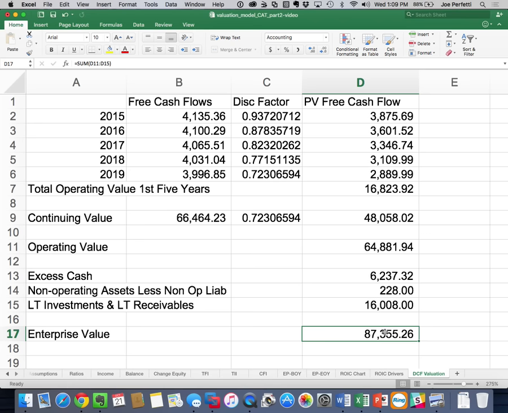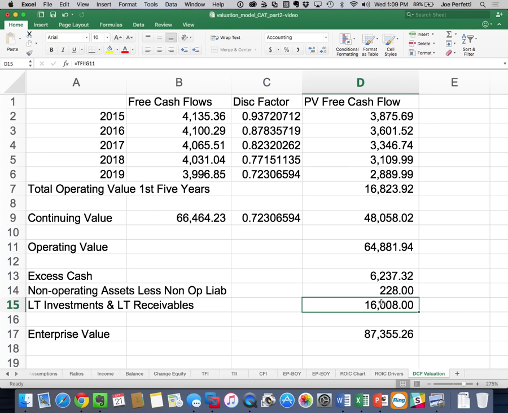Now the one adjustment that I'm going to want to make to enterprise value involves long-term investments. Cash is cash, so whatever cash they have is really easy to value. It's already a present value, and I know exactly what it's worth. Non-operating assets hopefully are worth near the book value, so I'm assuming the accounts are doing their job, and the book value is representative of the non-operating assets.